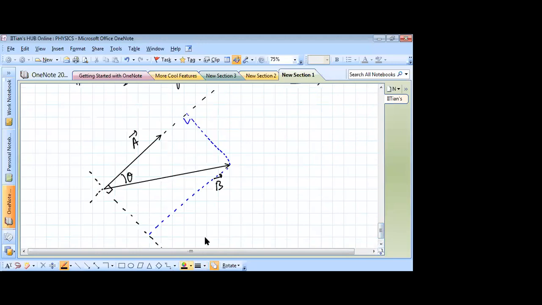We want to find the component of B which is along the direction of E. So that will be this one.